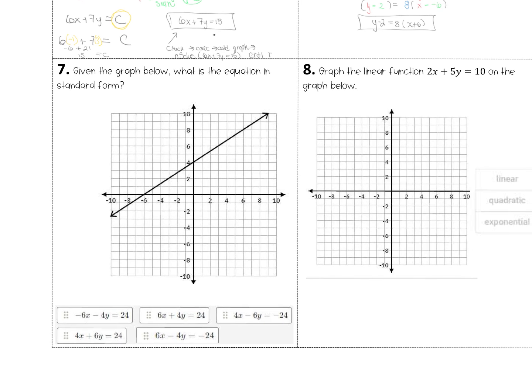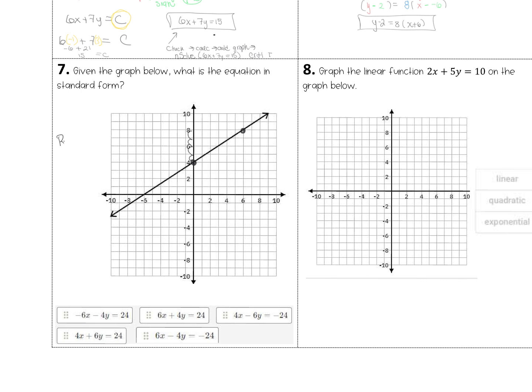Number 7 says, given the graph below, what is the equation in standard form? So again, you could graph each one of these in the calculator, a little bit time consuming. So if it was me, there's a point, a nice good point, and there's a point. So I'm going to count. I go up 1, 2, 3, 4.